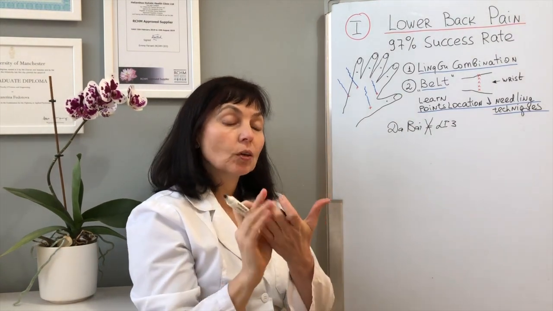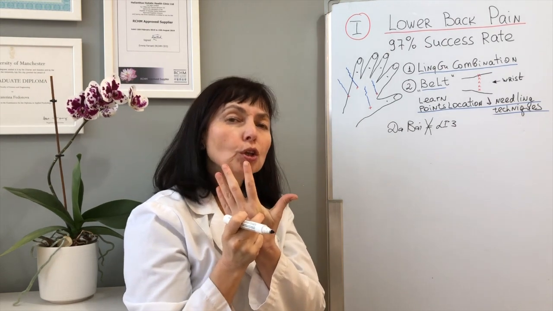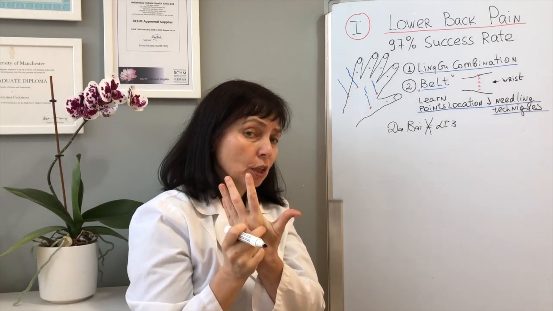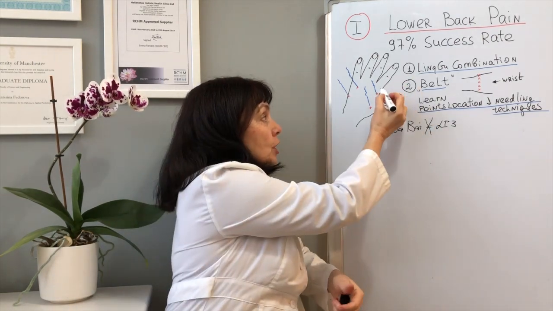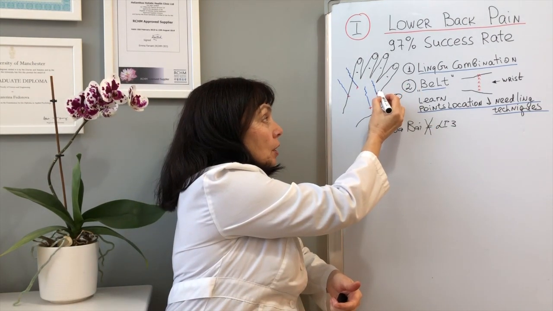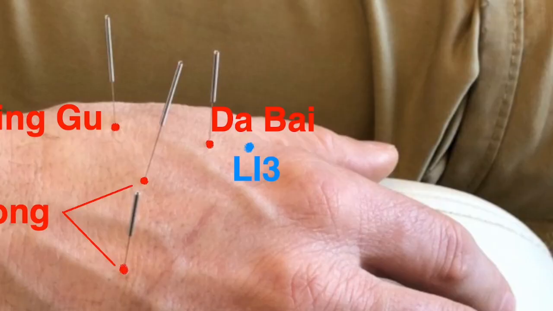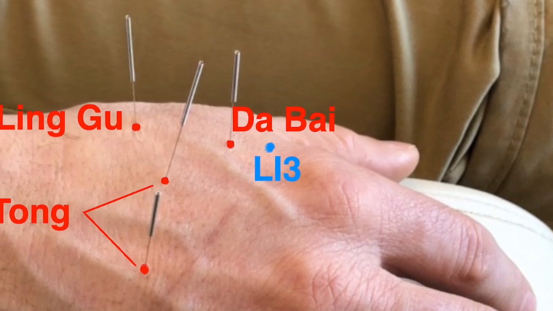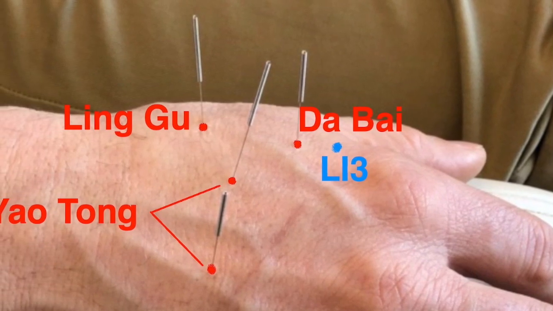Dabai is located half soon or 0.3 soon lower than large intestine 3 towards large intestine 4. So if large intestine 3 is on here, we go slightly lower and Dabai will be here. We needle it until we reach the Durchi.